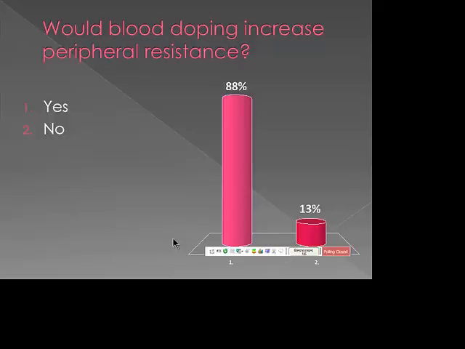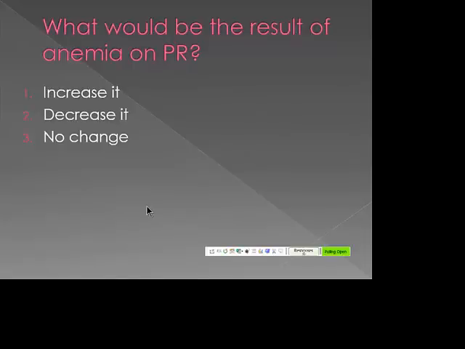When blood becomes more viscous, can you understand, more cells can get stuck in smaller capillaries and blood vessels, and you could get clots there, which could cause problems in whichever organ. What do you think would be the result of anemia on peripheral resistance?